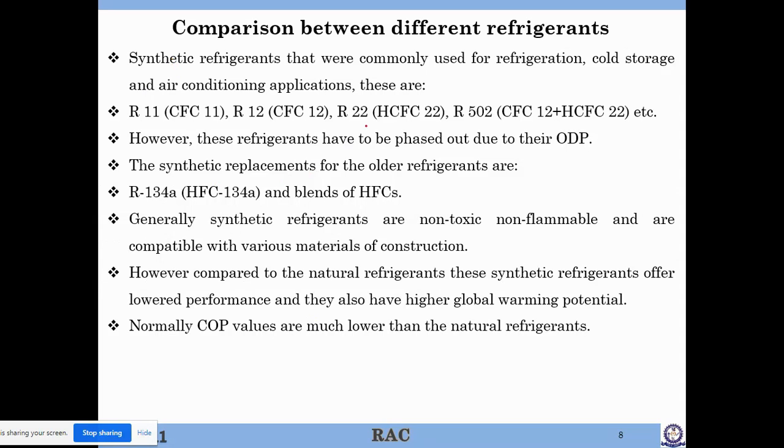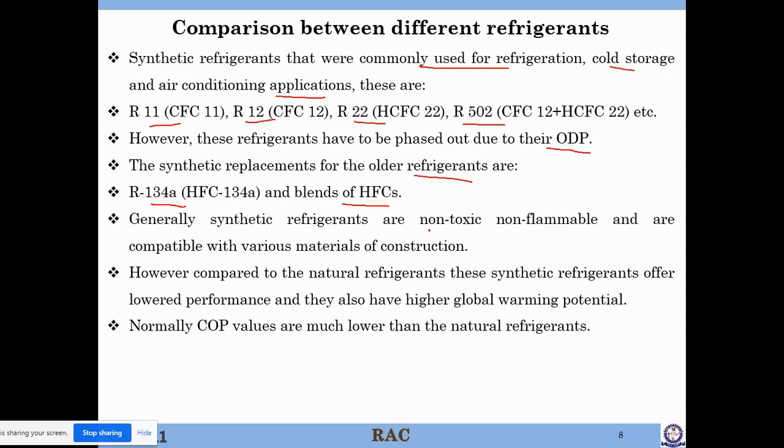Synthetic refrigerants that were commonly used for refrigeration, cold storage, and air conditioning applications are R11, R12, R22, and R502. However, these refrigerants have to be phased out due to ozone depletion potential. They are depleting the ozone layer. So synthetic replacements for the older refrigerants are R134A and blends of hydrofluorocarbons.